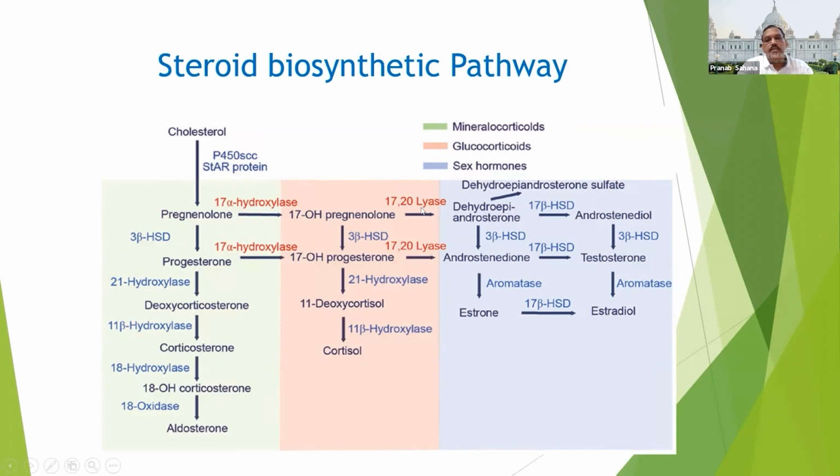Then by 17-20 lyase, 17-hydroxypregnenolone or 17-hydroxyprogesterone can be converted into DHEA or androstenedione, and then with the help of 17-beta-HSD3, they can be converted further into androstenedione or testosterone. Testosterone can be converted by aromatase into estradiol. So this is the synthetic pathway of steroid. So any defect in this pathway can lead to DSD.